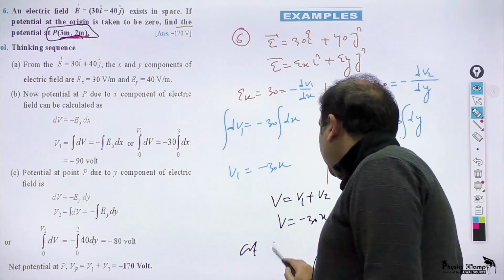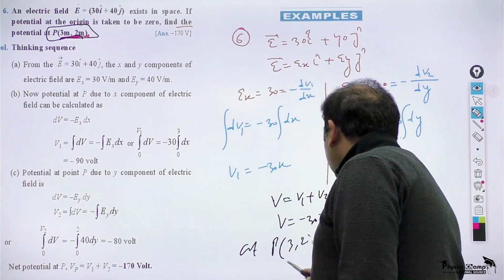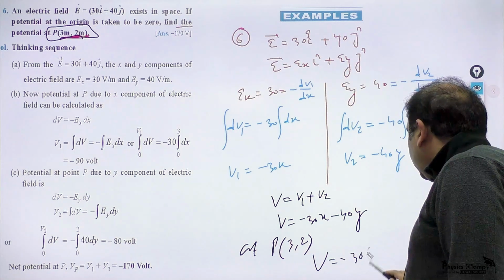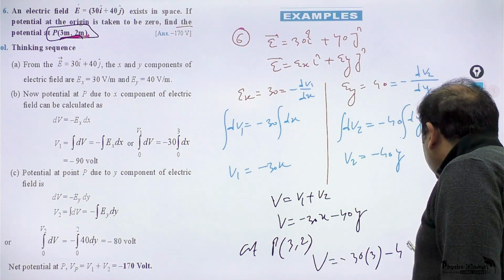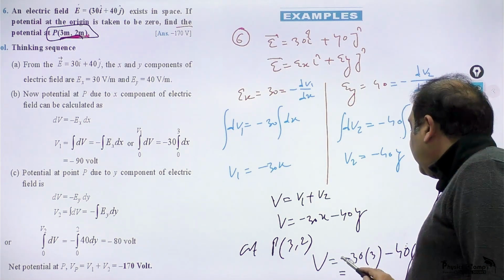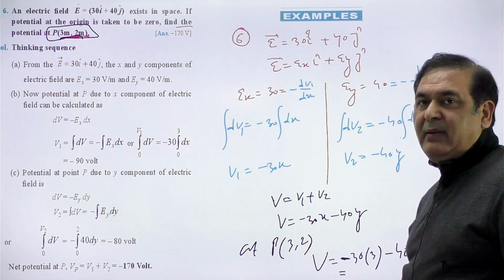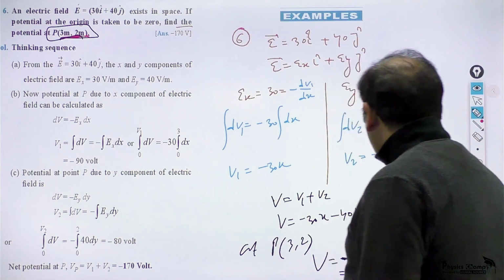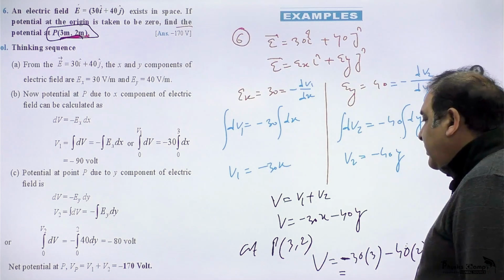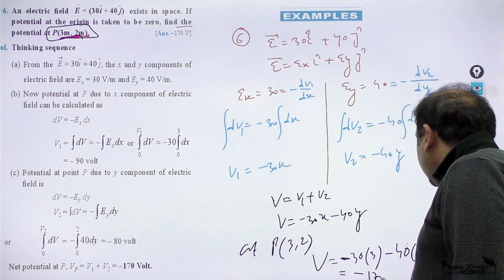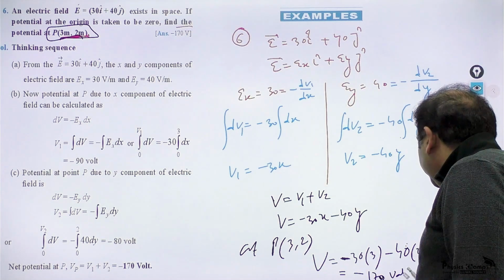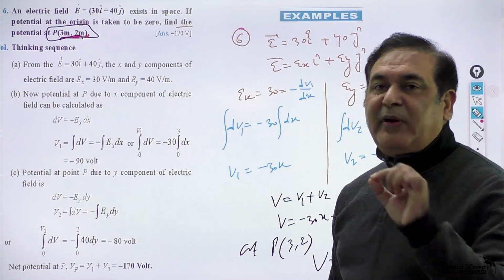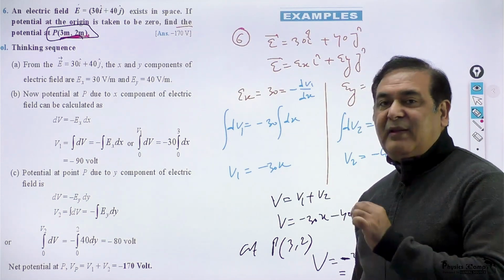So at P, whose coordinates are (3, 2), the potential should have a value minus 30 into 3 minus 40 into 2. Potential is a scalar quantity, it is just added. Electric field is a vector quantity, it has direction x and y. So it will be minus 90, minus 80, so minus 170 volt. So that's how you learn about the concept of potential gradient in these questions.